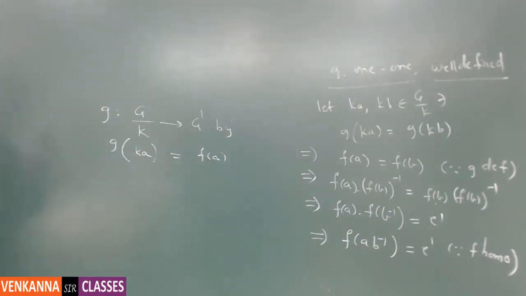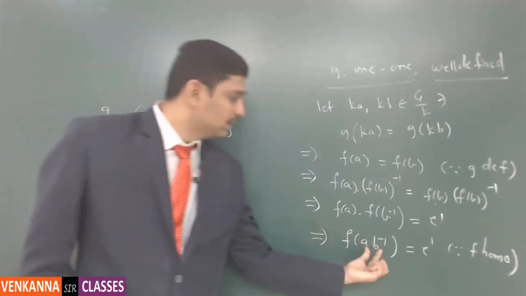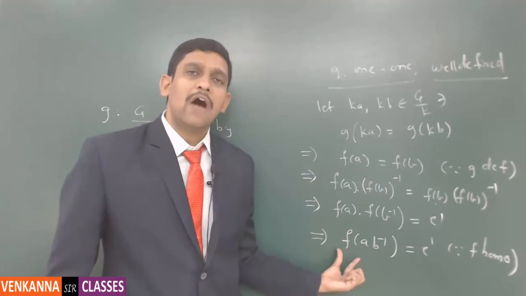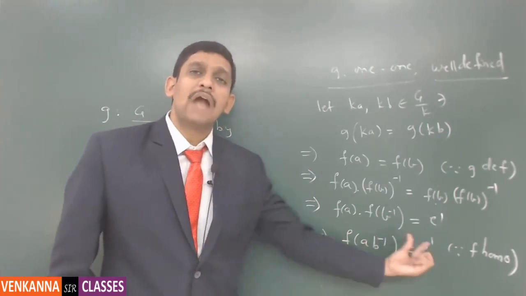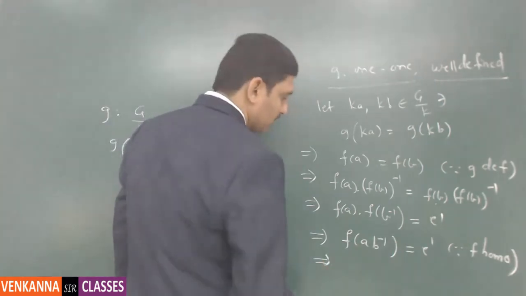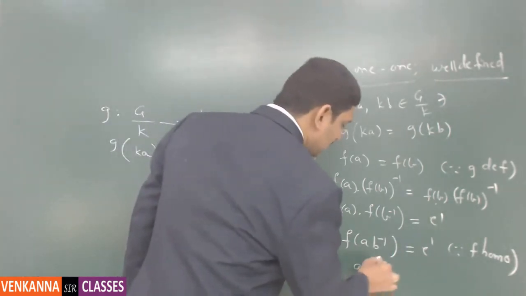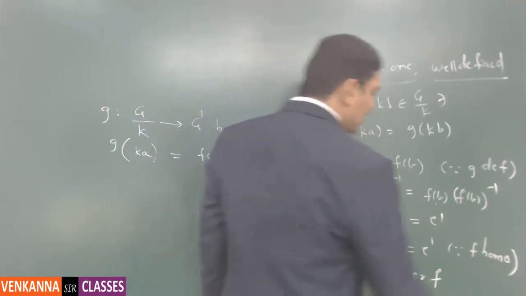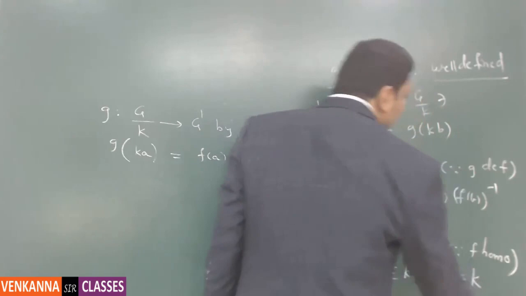Now understand that this is an element for which I have applied the function f and the result is identity. Therefore, from the definition, a b inverse belongs to the kernel of f. For this, I have given the name K.